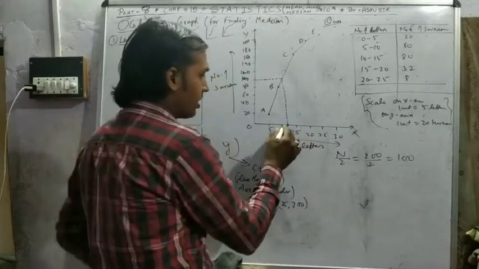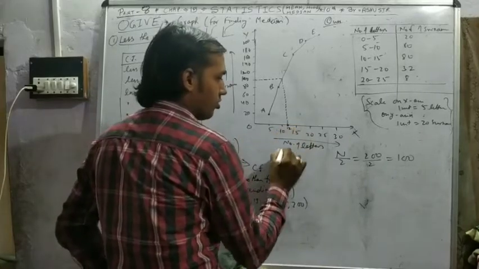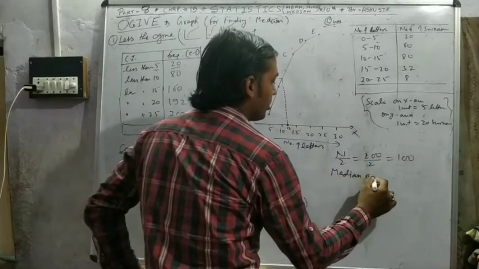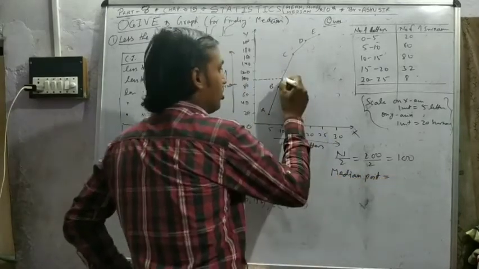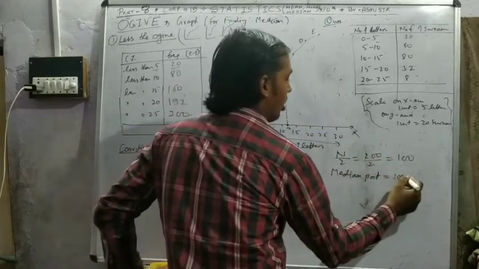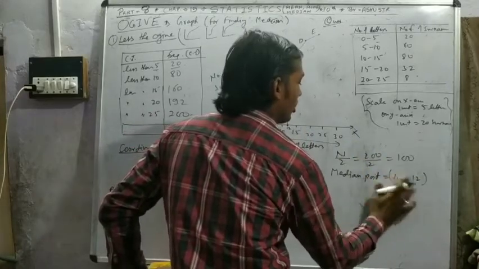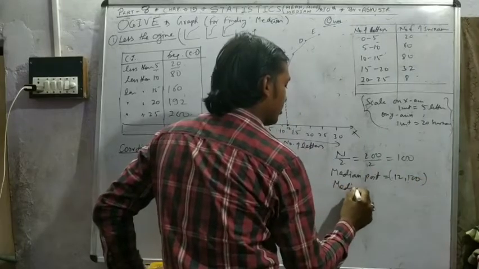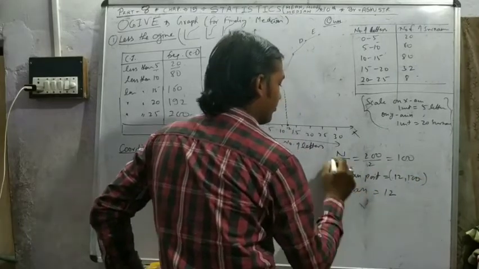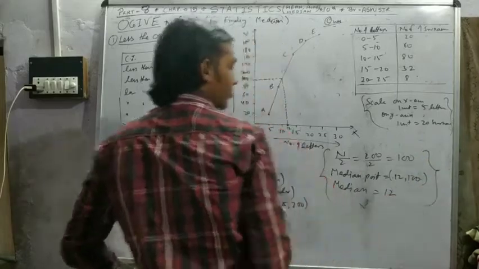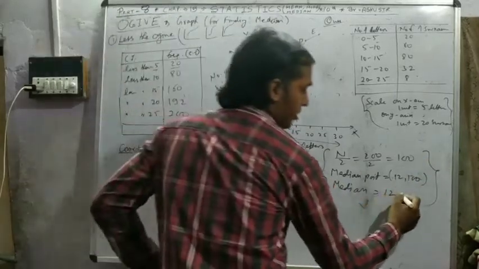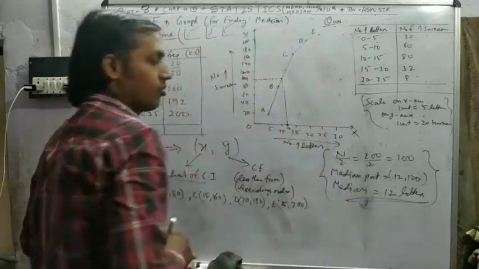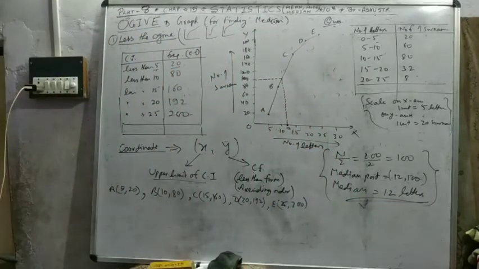They approximately meet at 12. So the median point is 12, 100, and the median is 12 letters. Okay, that's the less than ogive.